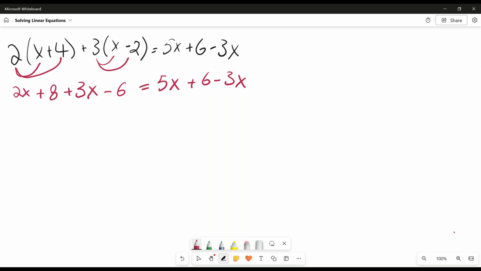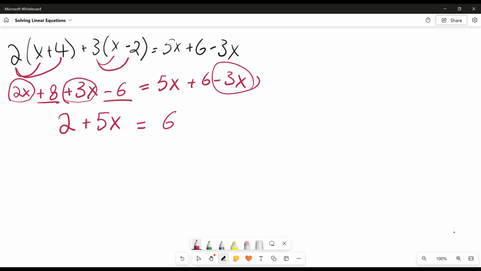Okay, so 8 minus 6 is 2. And then 2x plus 3x is 5x. Here this is the only number, so I'm going to leave it by itself. So it's positive 6. And then negative 3 plus 5 is positive 2x.